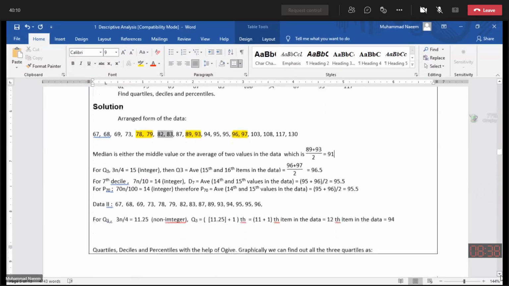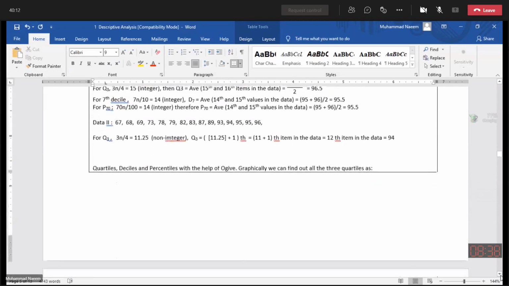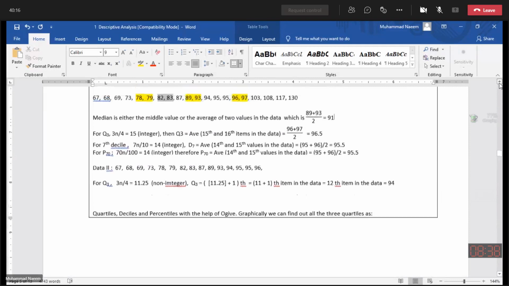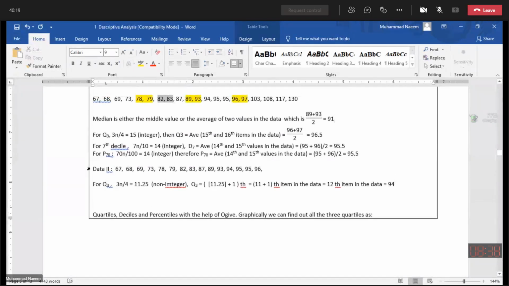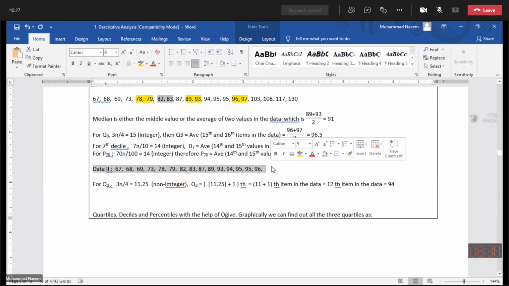Okay, we have discussed only one side of the situation, when the ratio is integer. Let's say we have this type of data: 1, 2, 3, 4, 5, 6, 7, 8, 9, 10, 11, 12, 13, 14, 15. 15 values in our data.